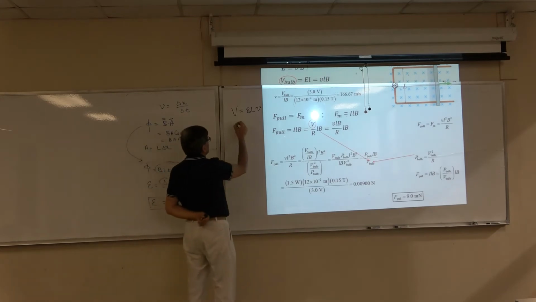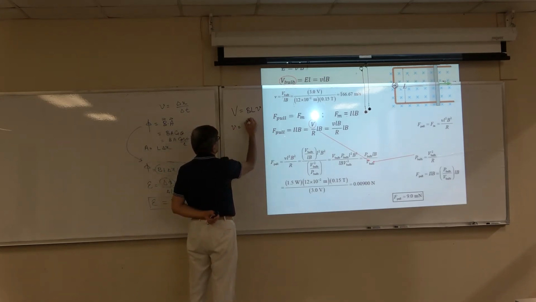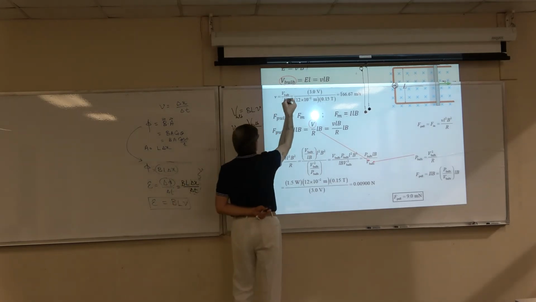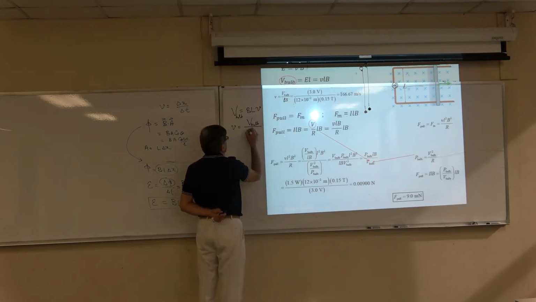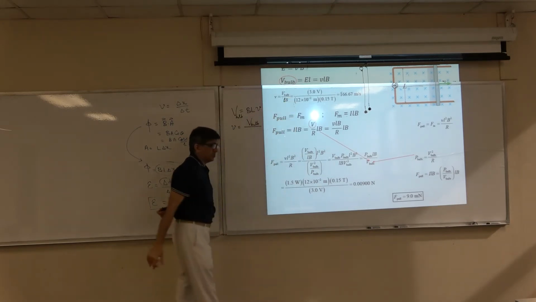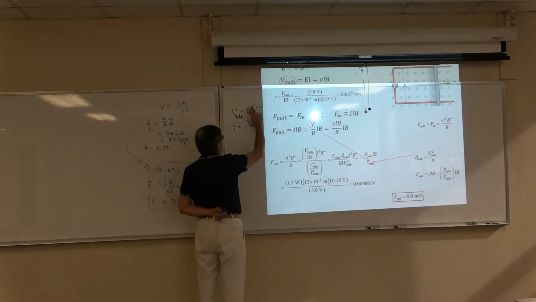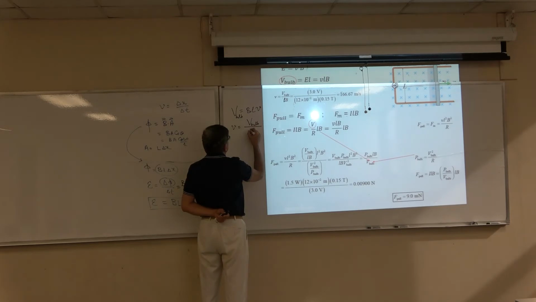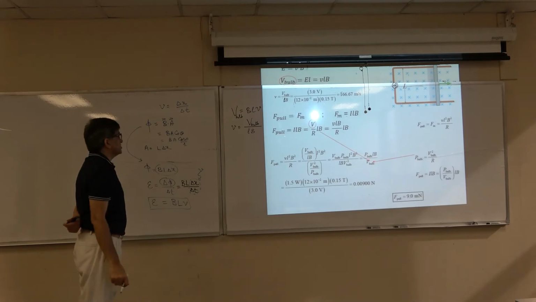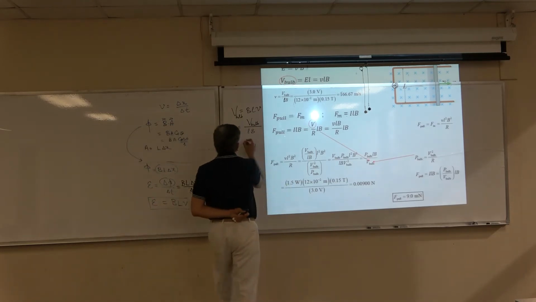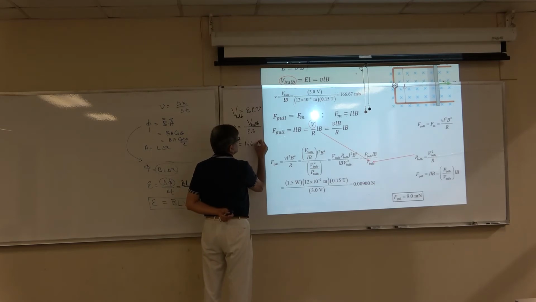From here I can calculate the velocity, which is equal to the potential V of the bulb divided by the length L, capital L or little L, that doesn't matter, so let's use the little L. So V equals the bulb voltage over l times B. If I plug in all the numbers, I get the velocity, which is 166.667 meters per second.